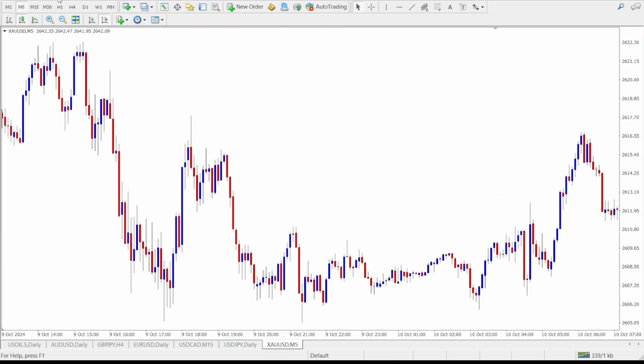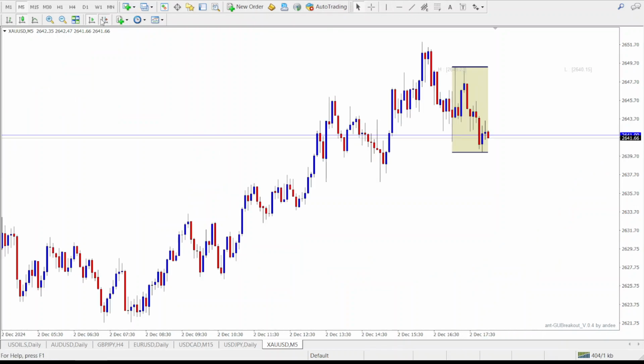So let us add the indicator to the chart. The ATM pure breakout zone indicator. So this is how the indicator looks.